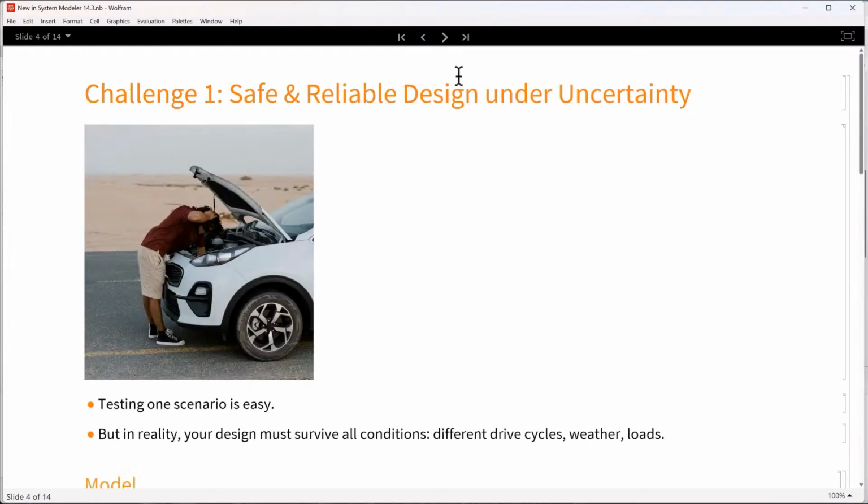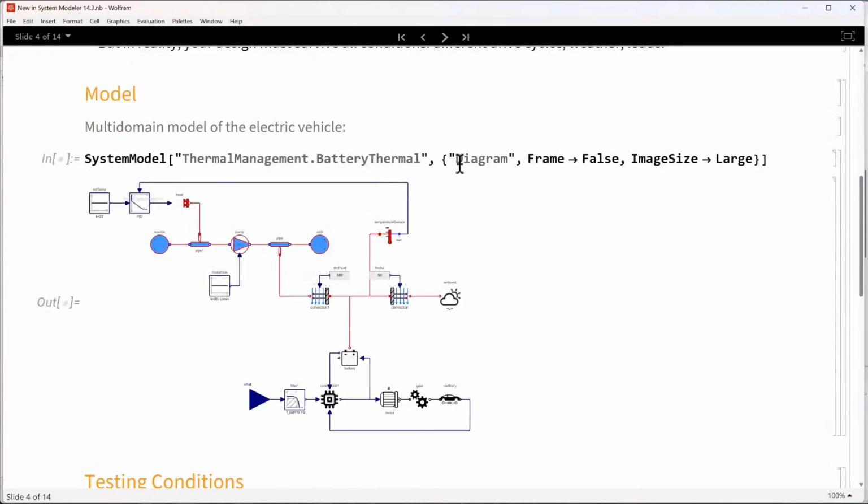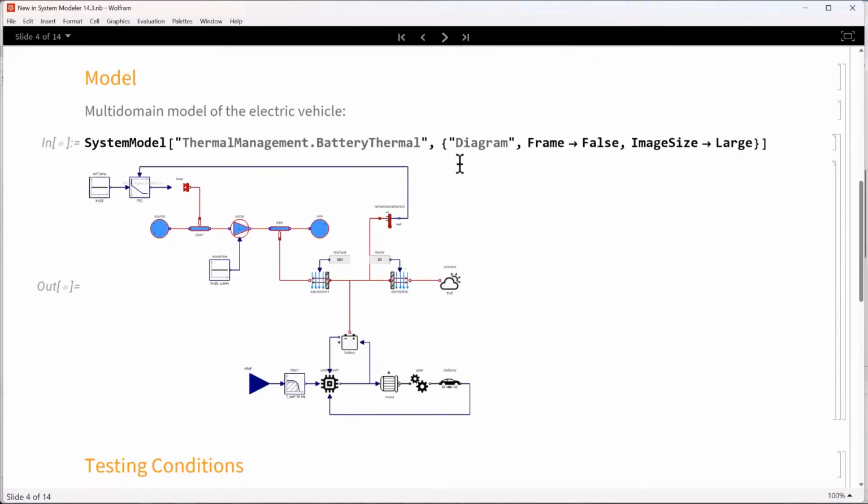Let's start with the first challenge, designing for reliability under uncertainty. Testing a single scenario is easy, but in reality, a design must perform across all conditions, like different drive cycles, weather, and vehicle loads. Here is an EV thermal management model.